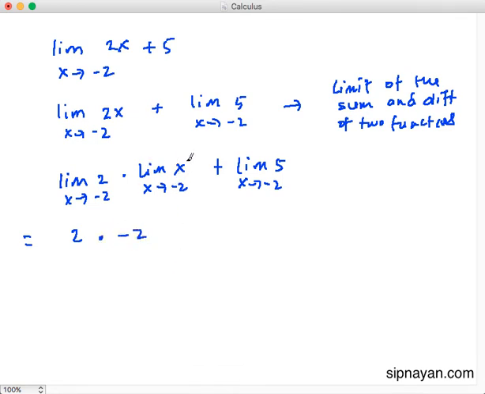This is an identity function, and again this is the constant function, which is equal to 5, whatever the value here. Okay, so by the limit of product, pwede natin i-multiply ito and then plus 5.